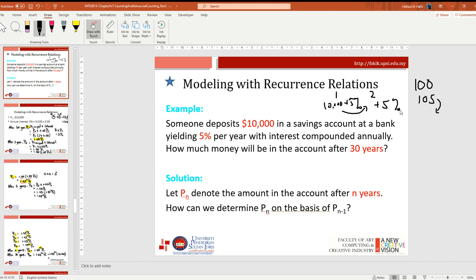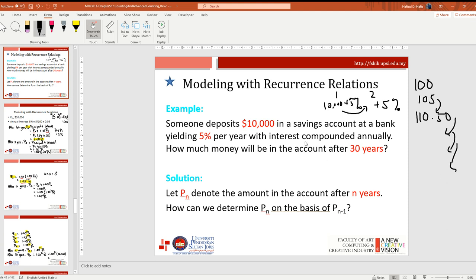Okay, ini kalau kita kira 105 tambah 110, kita akan jadi 110.50. Dan seterusnya lah. Sehingga berapa tahun yang kita simpan lah.